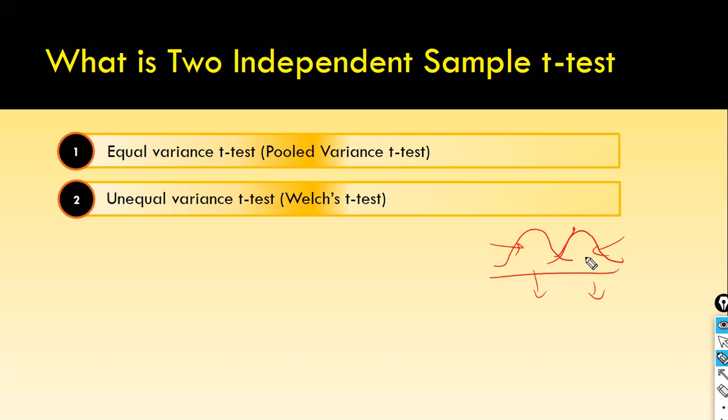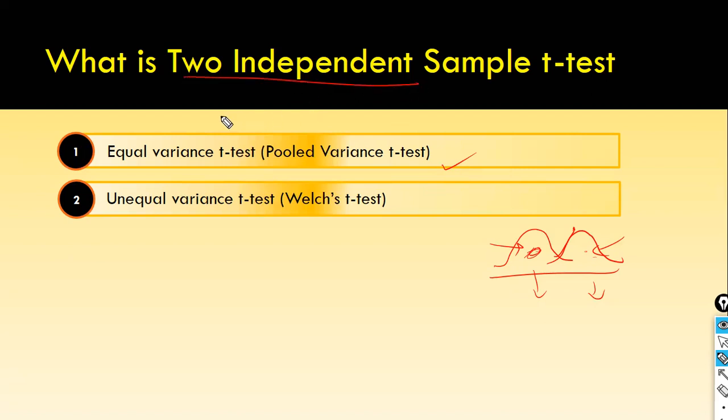It may sound weird that they would be exactly similar, but we assume the variance is somewhat close, though not exactly similar. For example, the male salary variance and the female salary variance are somewhat close. In that kind of situation, you can go for the equal variance t-test.